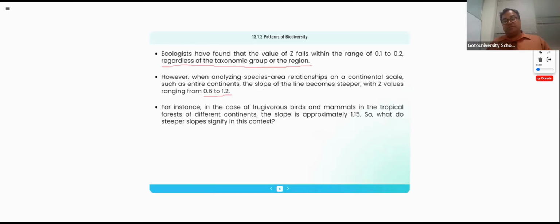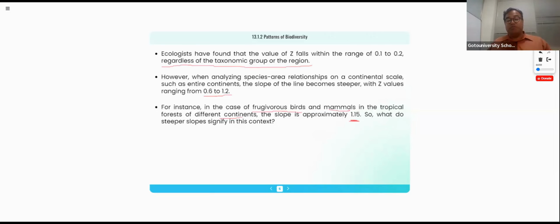So the tropical forests of the different continents: for the frugivorous birds and mammals in the tropical forest of the different continents, the slope is approximately 1.15. Here frugivorous birds denotes the birds which eat fruits.